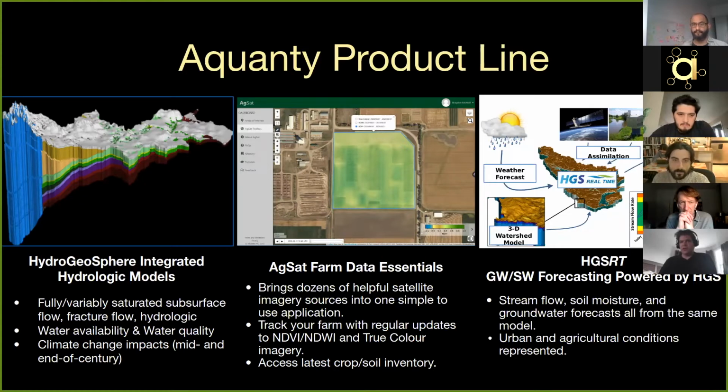In the middle, I'll move on to what I think of as my baby, or I guess it's a shared baby, but it's one of my web products that I helped develop or developed most of. It's AgSat Farm Data Essentials, that's agsat.ca. It's an aggregator of free and open source data products that are made available by the government, or some of which are available through other open data providers like the European Space Agency.